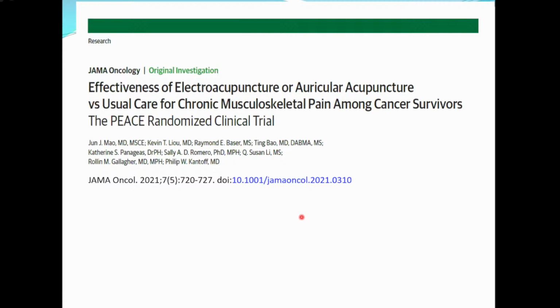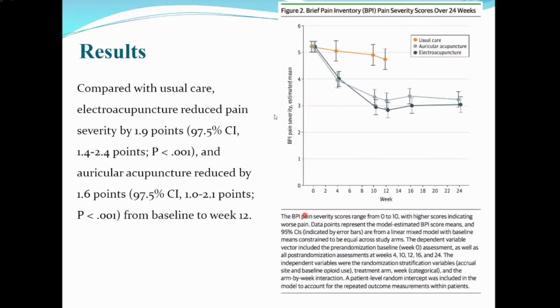Here the results show the yellow color at the top for usual care, and then electro-acupuncture or auricular acupuncture, both in the line. There is no difference between the two. Electro-acupuncture improved slightly more than auricular acupuncture, but both improved significantly.